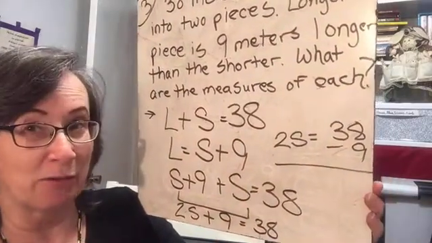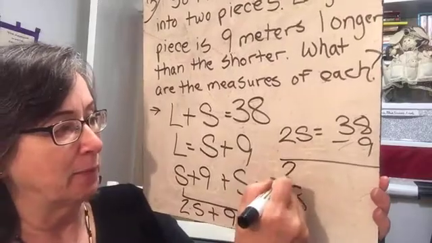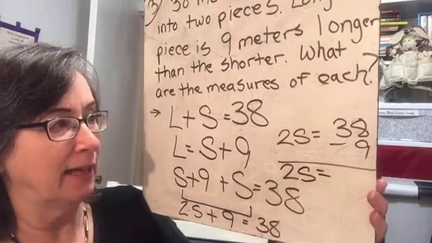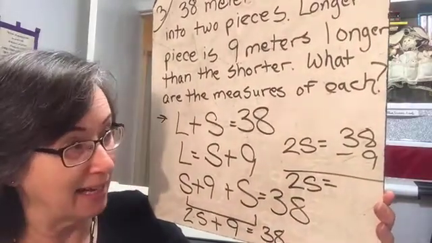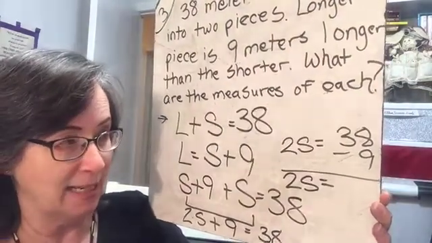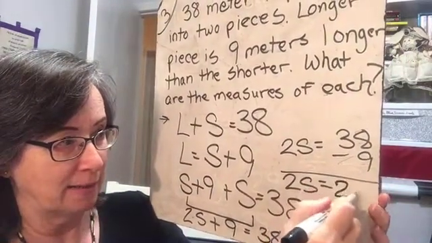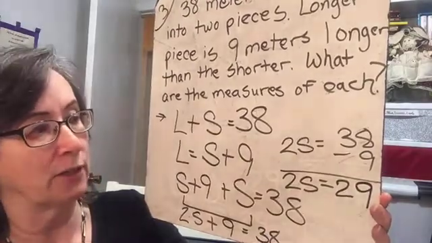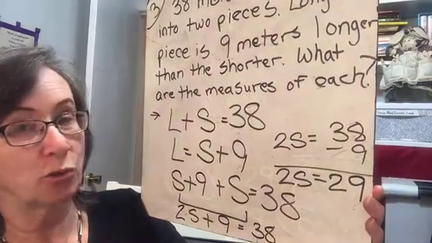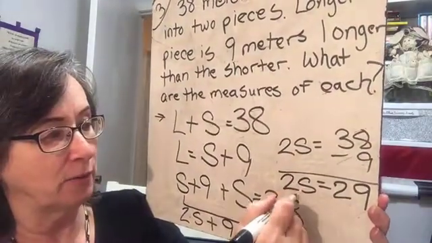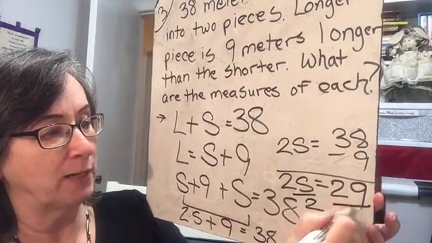Just because I ran out of room on my board, I'm going to let you do that in your head. 38 take away 9 is 29, I do believe. Okay, so 29 divide by 2 and divide by 2.